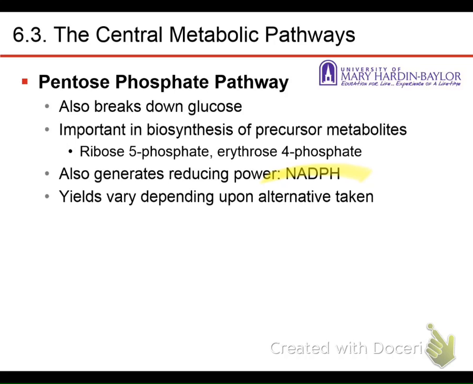What's the difference between cofactors and coenzymes? Pretty sure we talked about that last time. Cofactors are inorganic molecules that are needed by enzymes to either donate or accept an electron. And coenzymes are organic molecules that are needed by enzymes to either donate or accept electrons.